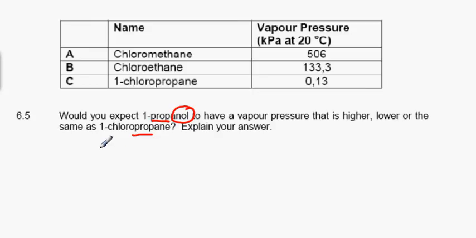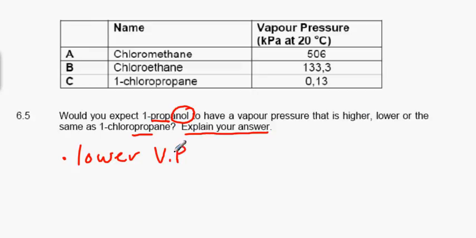So let's go ahead and answer the question. Would we expect it to have a vapor pressure that's higher, lower, or the same? Because of the stronger bonds, fewer particles will evaporate, and so we would expect a lower vapor pressure. So that's the answer to the first part.